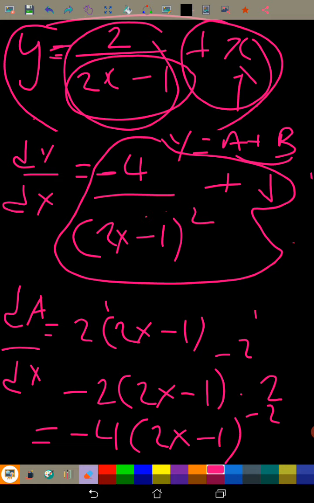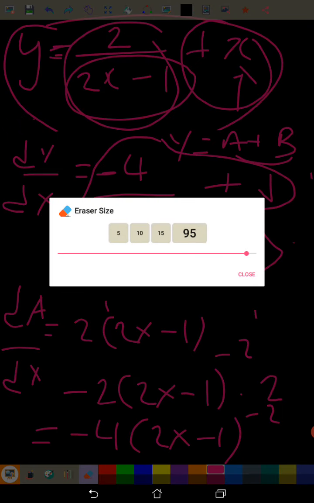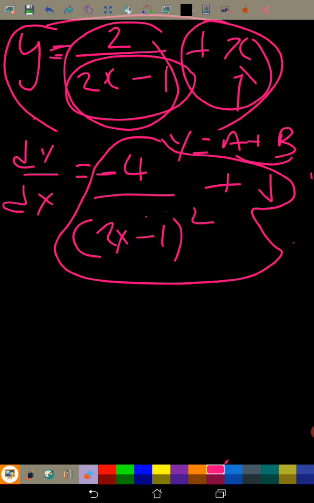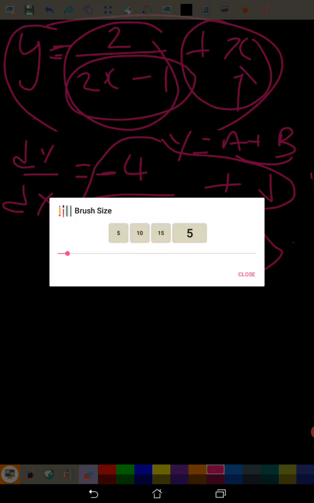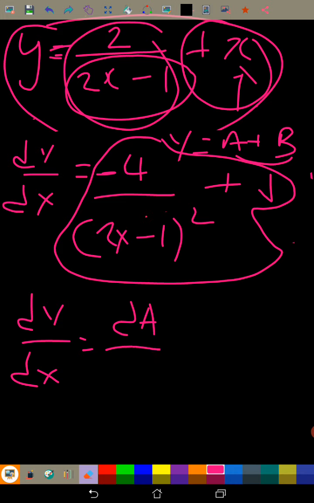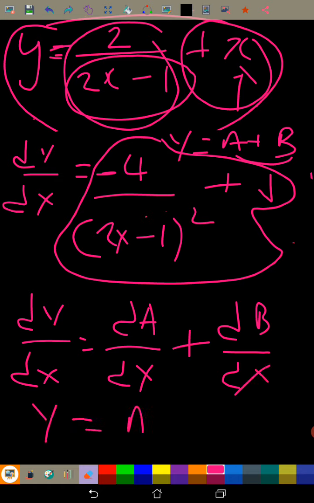Because I just differentiated a, dy by dx, I will write it here to understand. So you see now you can use this. Substitution is very, very important. dy by dx is dA by dx plus dB by dx, because y is equal to a plus b.